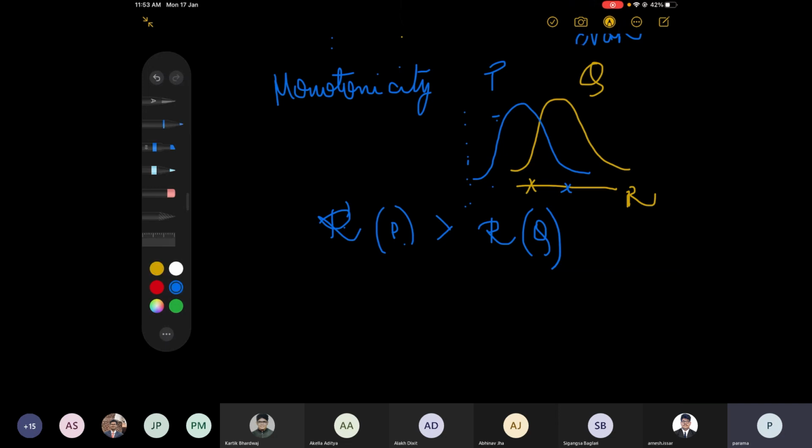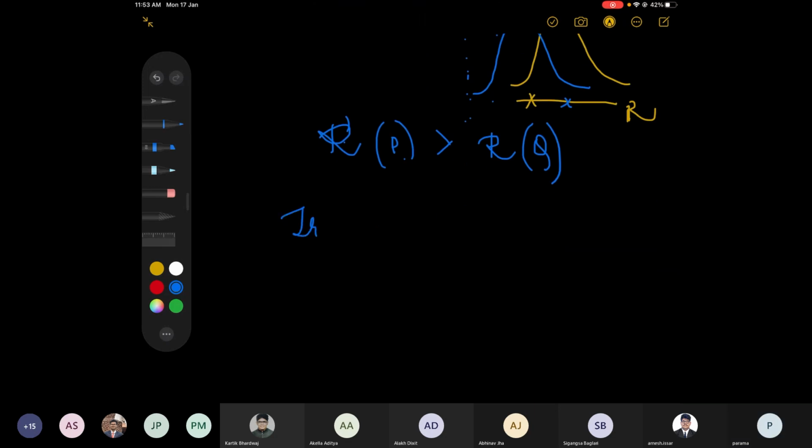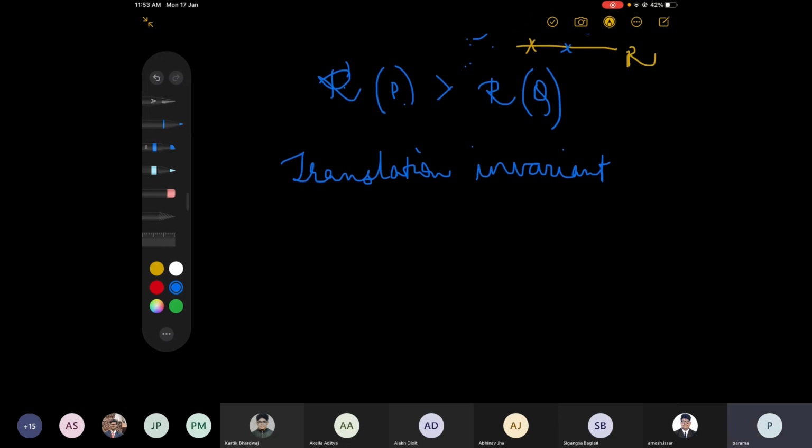Then we have another property called translation invariance. It says if you add an amount of cash K to your portfolio holdings, your risk should reduce by the amount K. So the risk measure of P plus some cash should be equal to the risk measure of P minus K, where K is the amount of cash that you're holding.